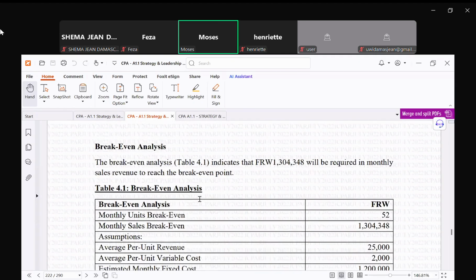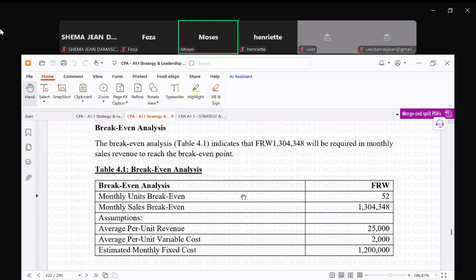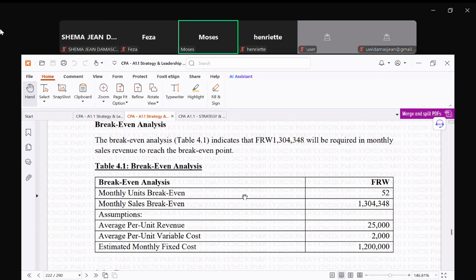This is where now the issue was. You had to compute break-even analysis. Break-even analysis in terms of unit sales was here, and then in amount it was here.